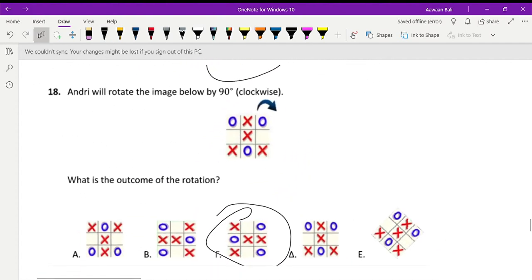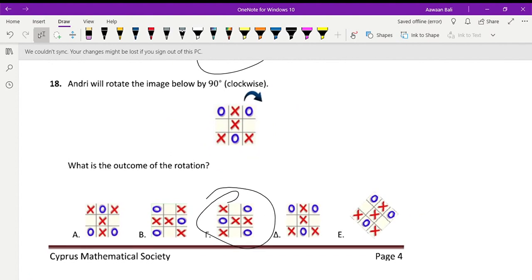Now, Andrew will rotate the image below by 90 degrees clockwise. What is the outcome of the rotation? Well, eta is definitely wrong, because when you rotate 90 degrees, the square will still look the same, just the pattern inside will be different. This is 45 degrees basically, so that's wrong.